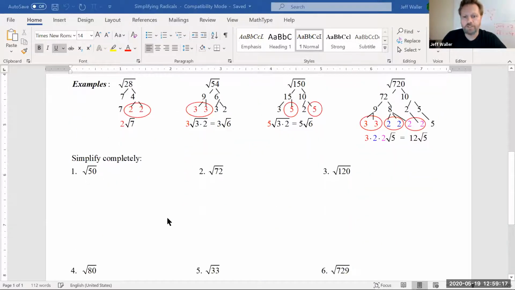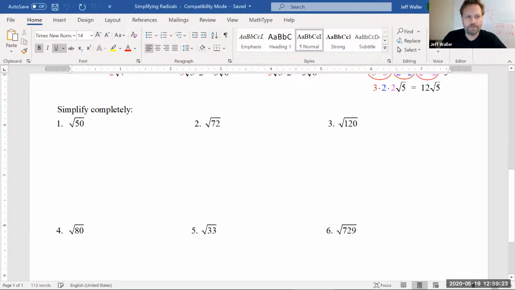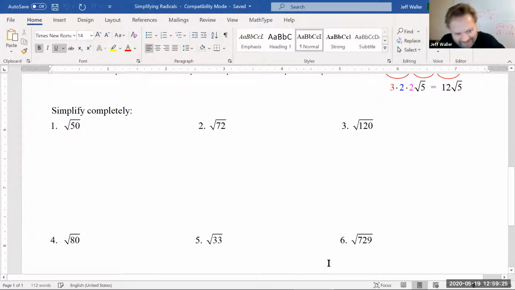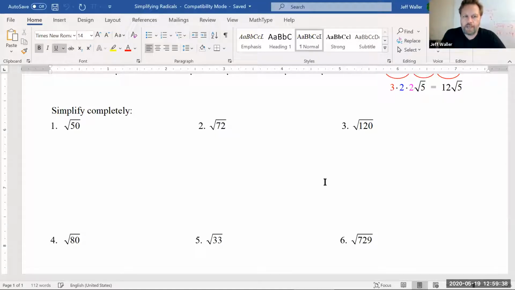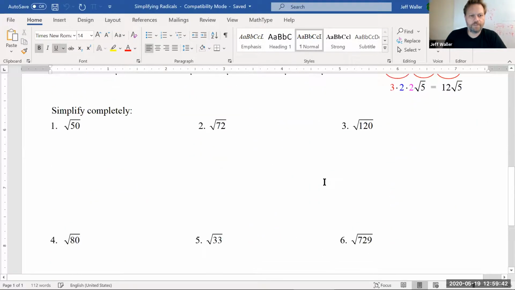So what I want you to do is I want you to do these. And I'll just sit here and somehow still earn a paycheck as I do nothing. Sorry. So go ahead and try these out. I will come in a minute and check on where we are. Give these a try. I think the square root of 50, I'm almost sure we did it somewhere.